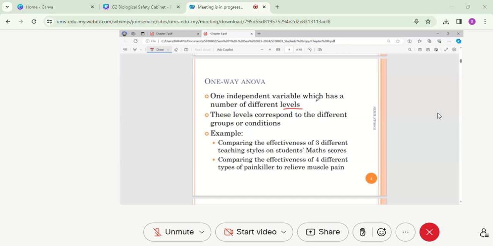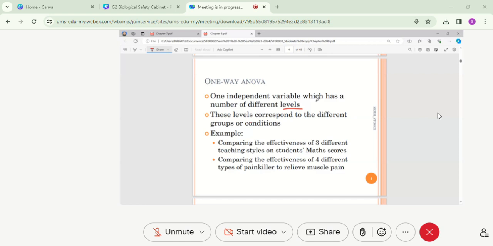So in this case, we only have one dependent variable, a variable that you can measure on a scale. And then you have another variable that is categorical, which is the type of painkiller. You have 4 levels because you have 4 different types of painkiller, so you have 4 groups or 4 samples.